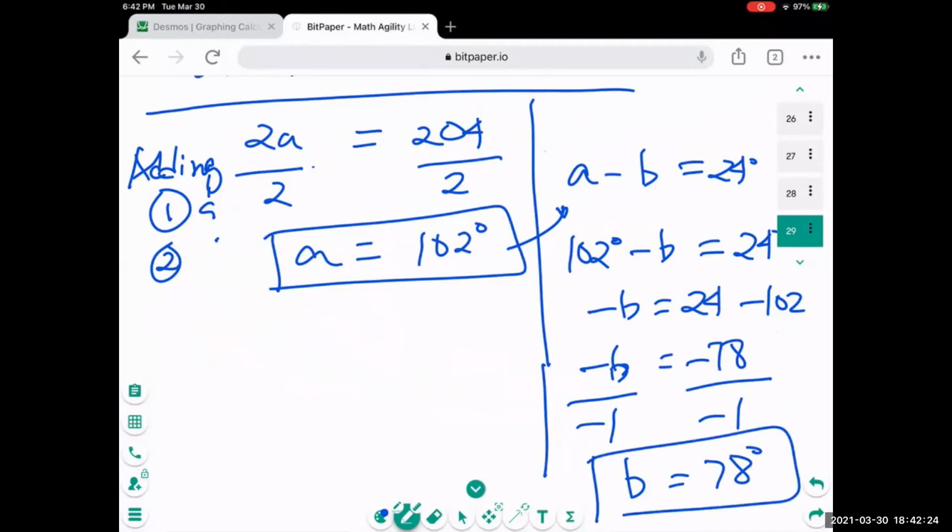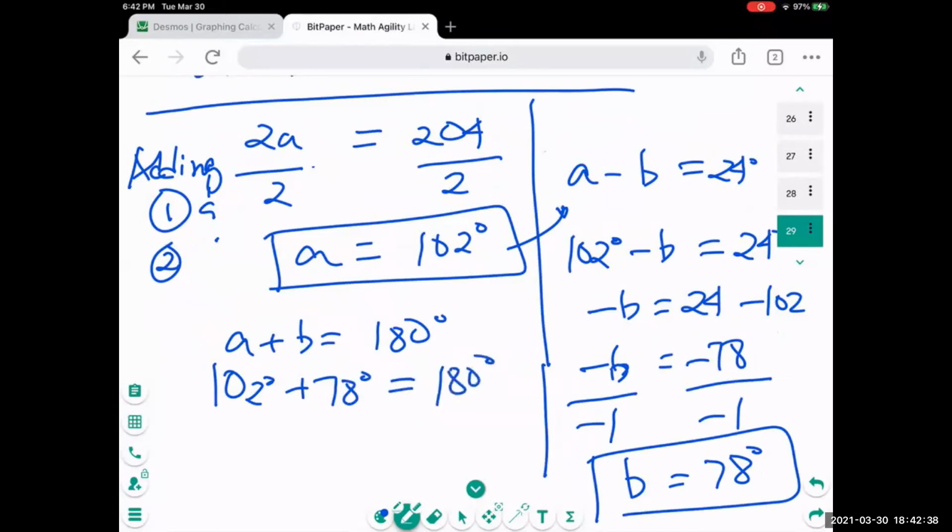So since they are supplementary, pag pinag-add natin yung angle A plus B, dapat 180 degrees, right? So 102 degrees plus 78 degrees is actually equal to 180 degrees, right? So this is the way or a method or process we can use for checking kung tama yung na-solve nating angle A and B. All right?